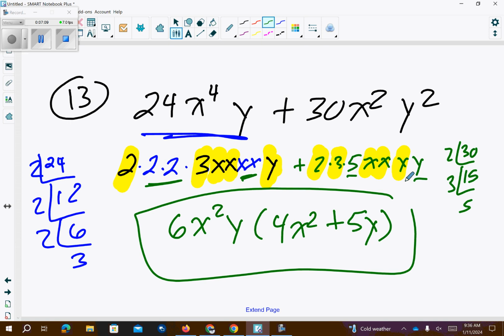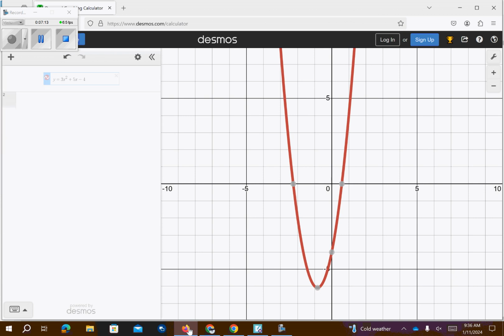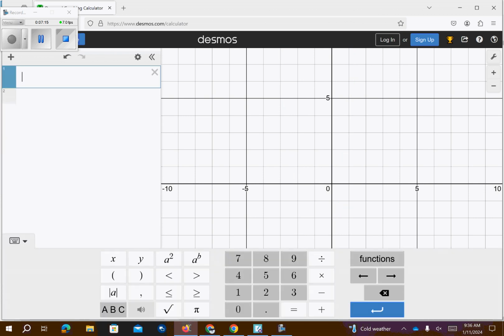Okay, so number 19, I'm going to go right to Desmos first. Get rid of all this. And I'm going to go y equals 2x to the third. And we said that's a wiggle, right? But that doesn't mean that it's always going to be a wiggle. Bring that down.